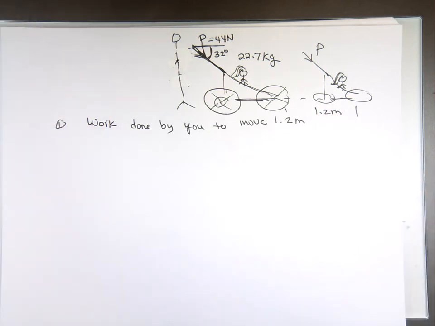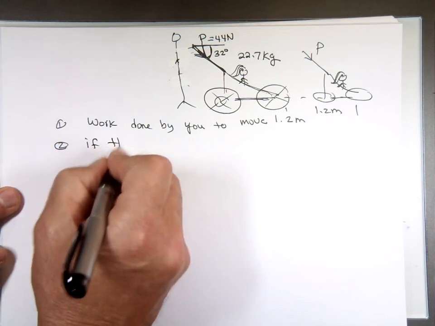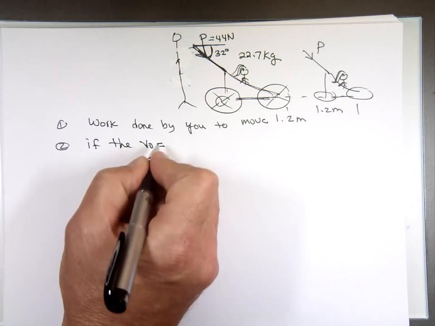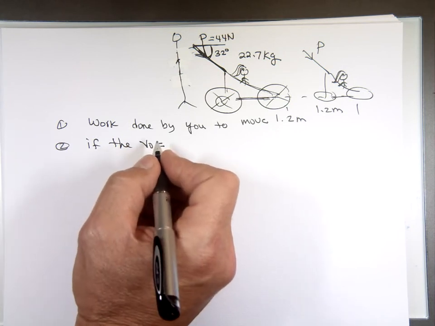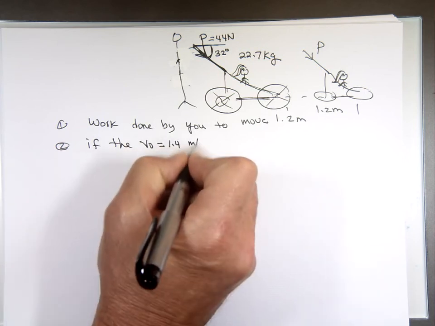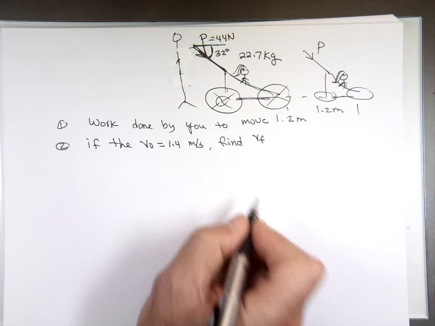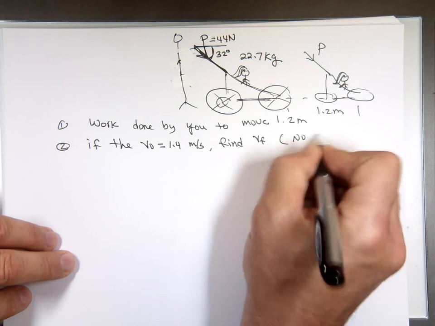How much work is done by you to push the stroller on the ground, 1.2 meters horizontally? Again, if the initial speed is equal to 1.4 meters per second, find the final speed. Again, let's assume no friction.